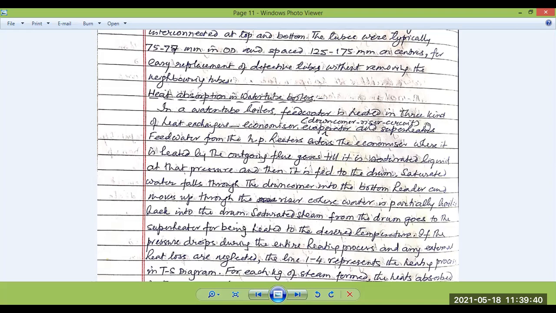Water is first filled up in the riser, so that it goes through all the tubes and is collected in the downcomer, then fed back to the riser again. This flow operates mostly by gravitational force.